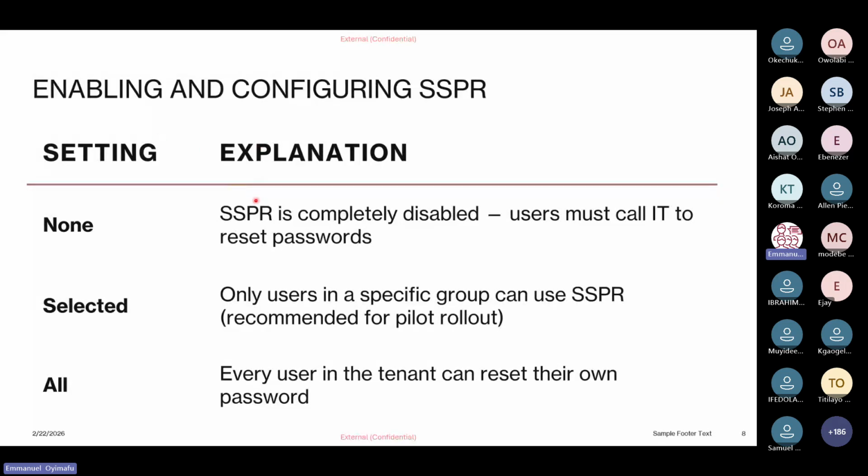Users must call IT to reset their password. In your organization, if this is set to none, it means IT are the ones managing users and resetting all their passwords for them. If you're working in a company like MTN or Coca-Cola that has a lot of staff, it becomes a headache. But if you're working for a small company of maybe 50 or 70 people, it may not really be so stressful.